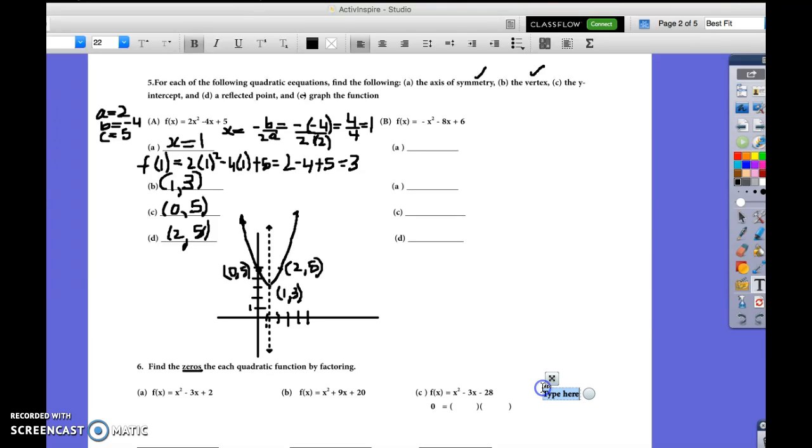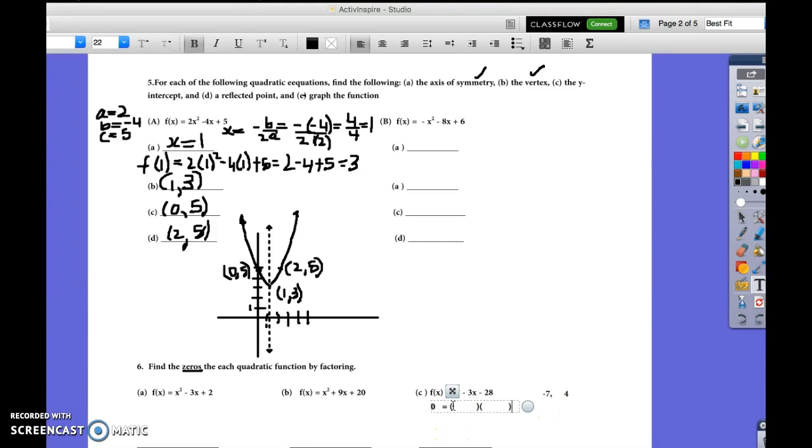One has to be negative. Here's a clue. The bigger one will dominate the final sign. So since the final sign here is a negative 3, you want the bigger one to be negative. So you want the 7 to be negative.